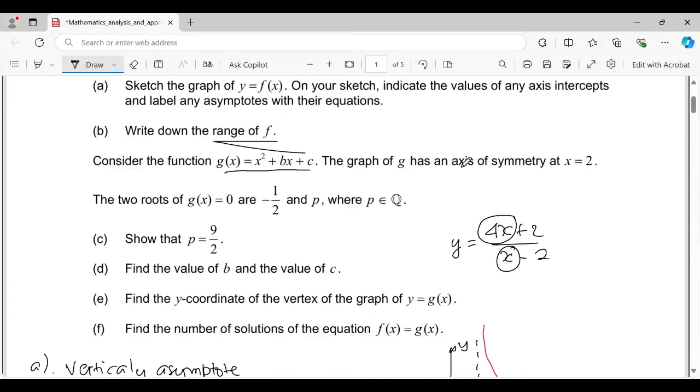The graph G has an axis of symmetry at x equals 2. Two roots of g(x) equals 0 are minus half and p. So we're going to prove that p equals 9 over 2. Minus half and p are the intercept points, the intersection between this graph and the x-axis.